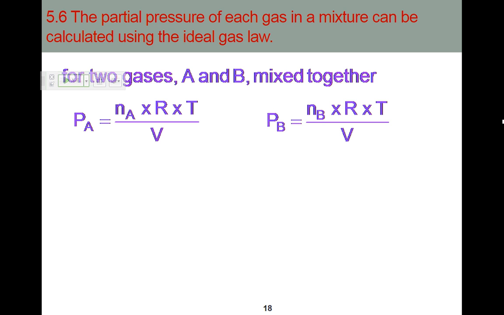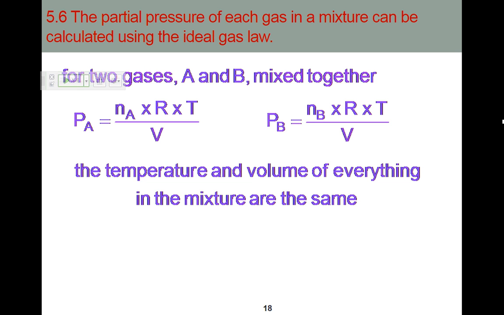PB is going to be equal to the moles of B times RT divided by V. This is just your PV equals nRT, but we're breaking it up by our different molecules. If we had a C in there, we'd have the same type of equation. The temperature and volume of everything in the mixture are the same, so this number is going to be the same whether we're finding PA or PB if they're in one mixture. So if they're in one container.